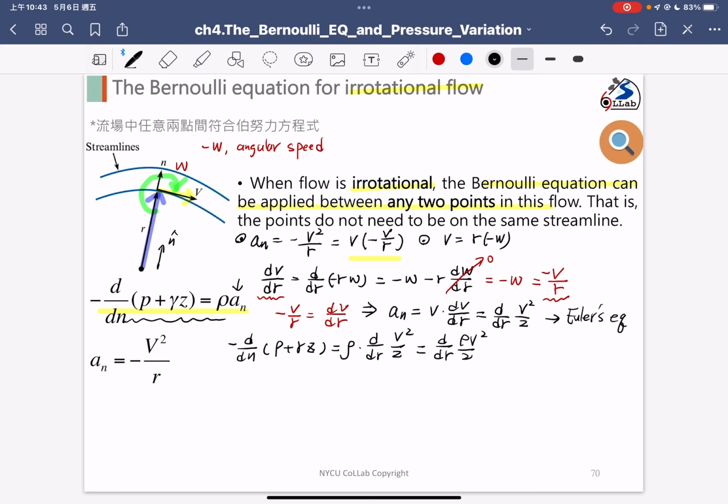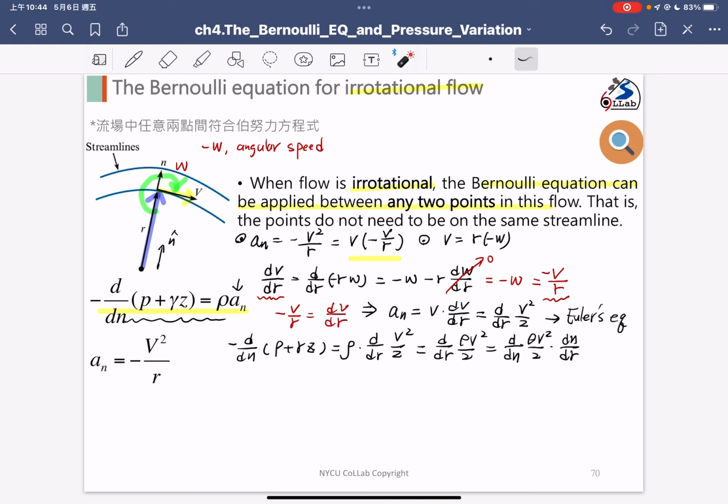And then because the right hand side is a differential with r, but the left hand side is a differential with the normal component, we need to change it here. So I use dn, and the inside is the same: rho v squared over 2. But we still have the dn dr, right?